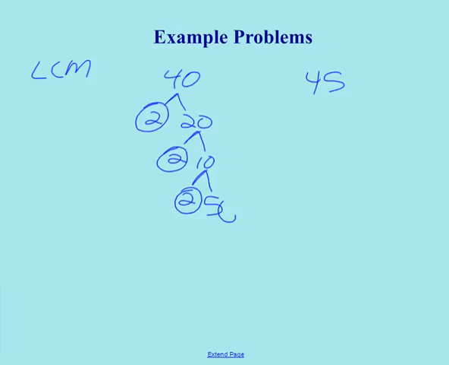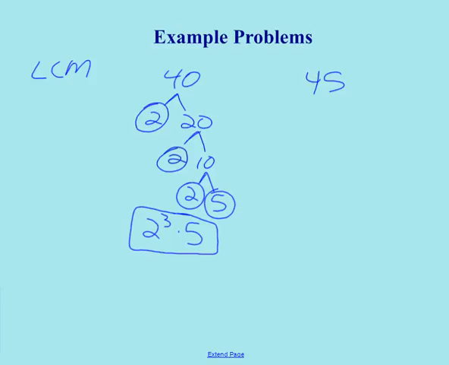So we have 2 to the third times 5 as the prime factorization of 40. For 45, let's do 5 and 9, because 5 is prime, 3 and 3. So we have 3 squared times 5.